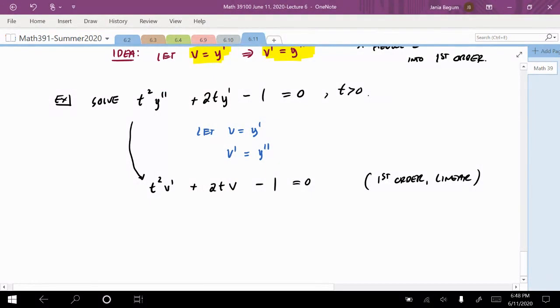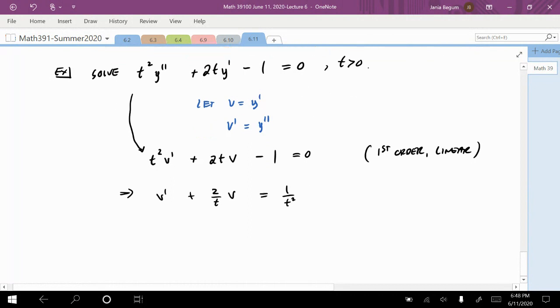If I were to make this in the linear standard form, we divide everything by t squared, and that's okay because t is greater than 0. So then we have v prime plus 2 over t v, and I'm going to move 1 to the other side as well, so that's 1 over t squared. Now let's look for the integrating factor mu.